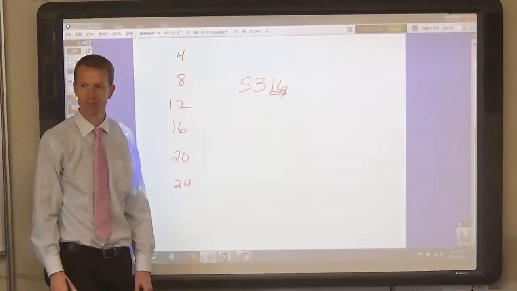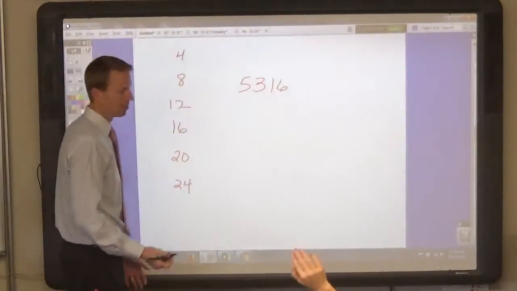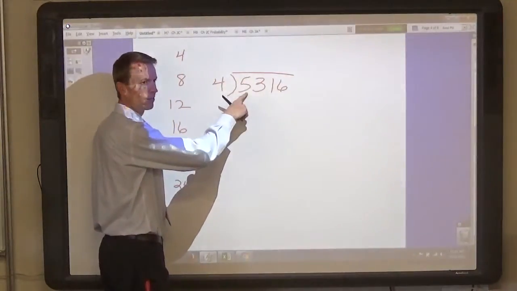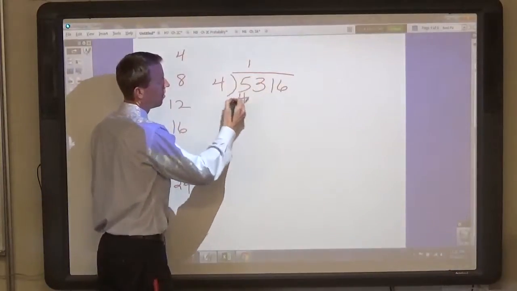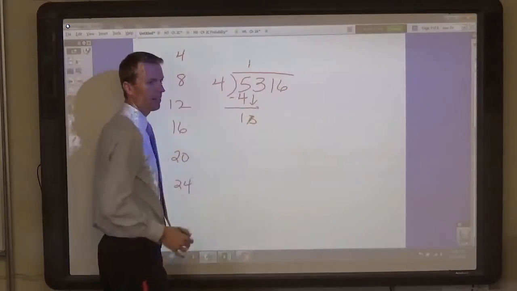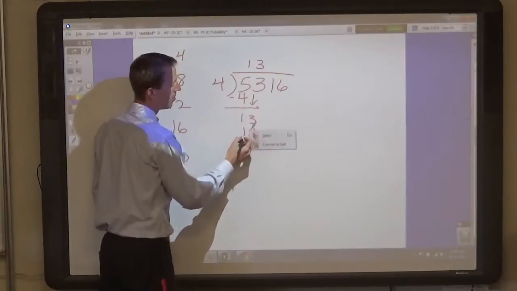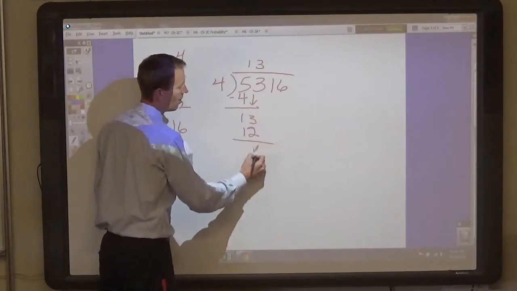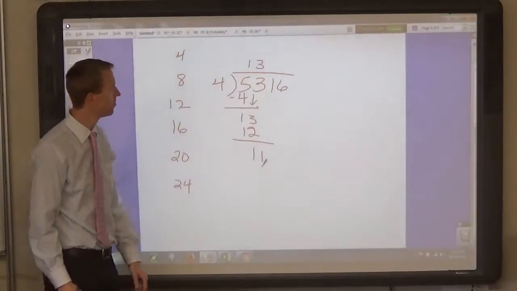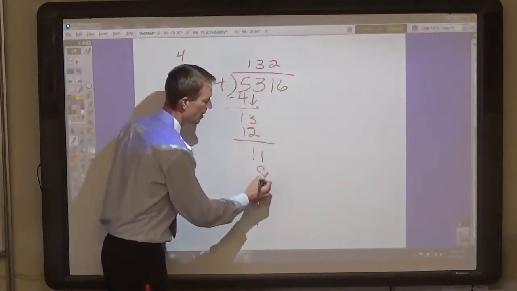Let's check that. How would we check to see if it's divisible by 4? Divide by 4. 4 goes into 5 one time. Remainder 1. Bring down the 3. 4 goes into 13 three times. 3 times 4 is 12. Remainder 1. Bring down the 1, 11. 4 goes into 11 two times. 2 times 4 is 8.